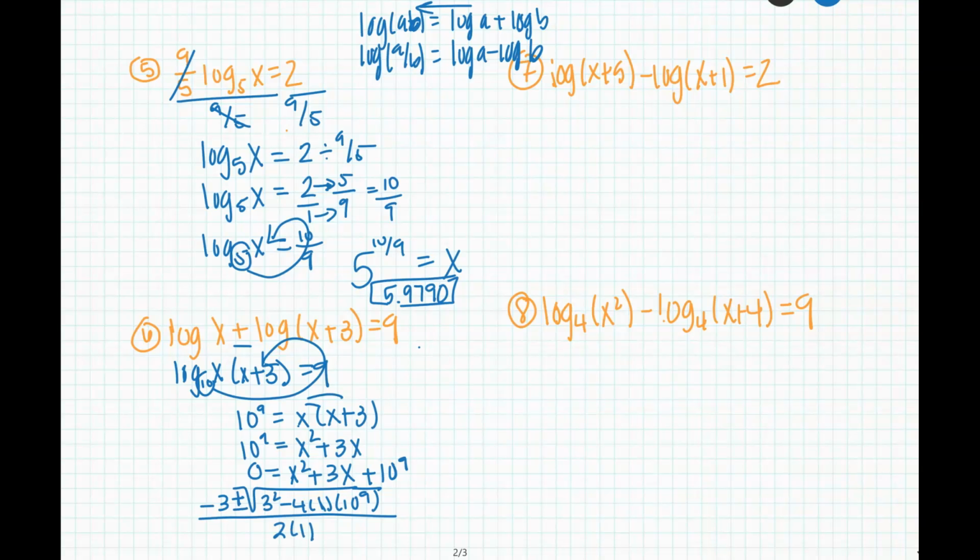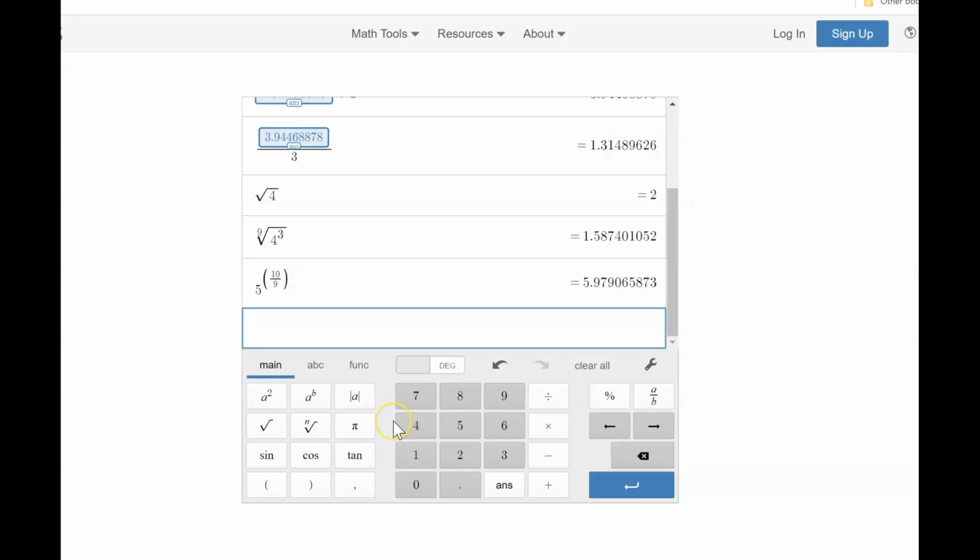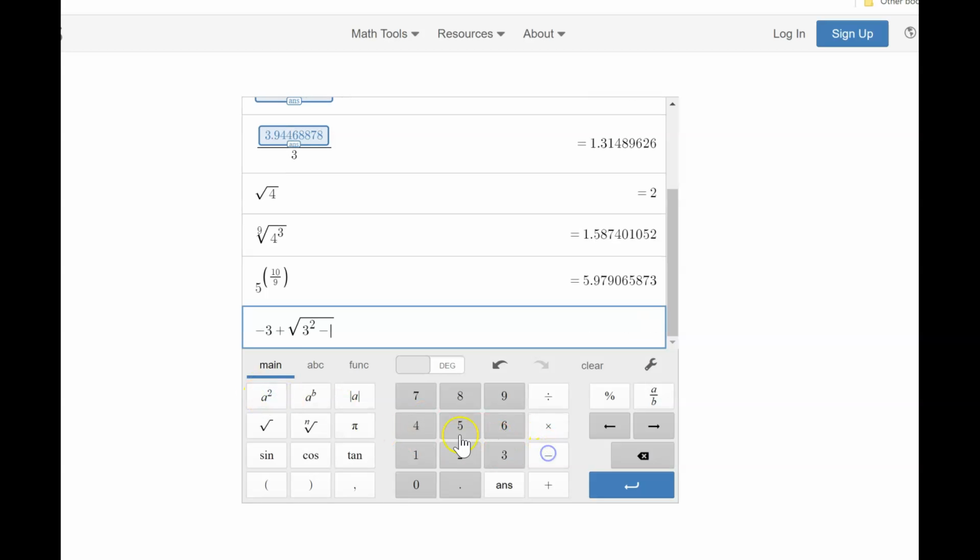Now, I do want to show you that you can type that in that scientific calculator over here. So let's switch over to the calculator. So this would be negative 3, and I'm going to do plus the square root of, let's see, it was b squared. So 3 squared, which is 9. But if you like, you can type in 3 squared minus 4 times a times c, which was raised to the 9th power.